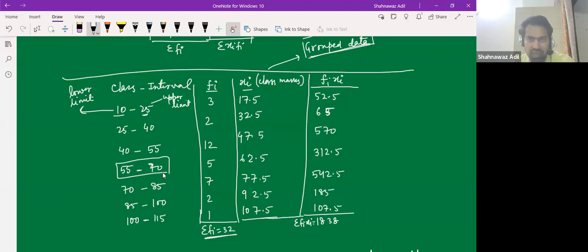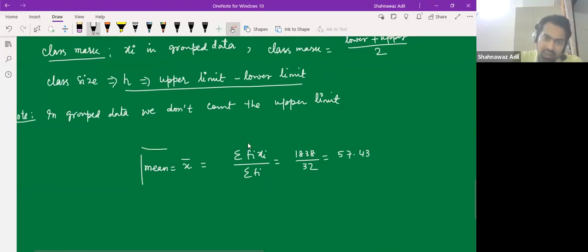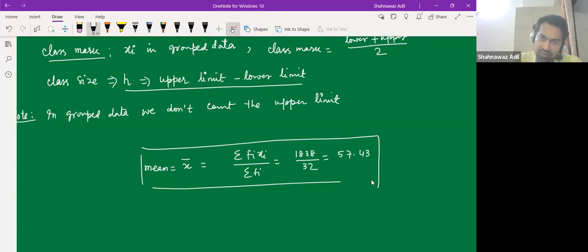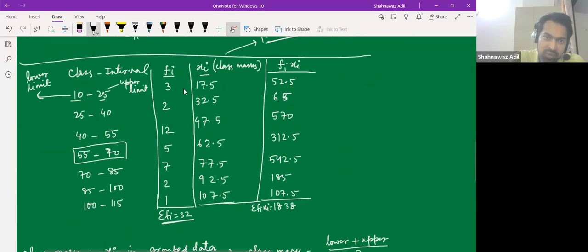Yes. So this method of calculating the mean is called the direct method. And let's say that in some cases these numbers would be very big, right?